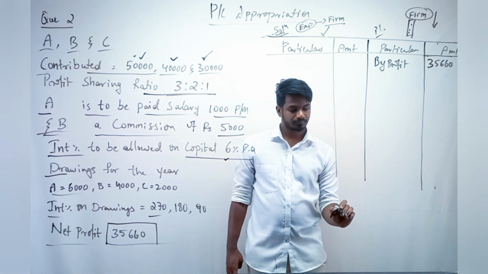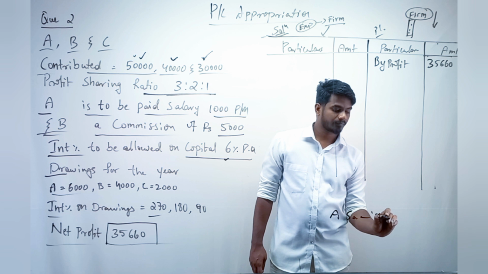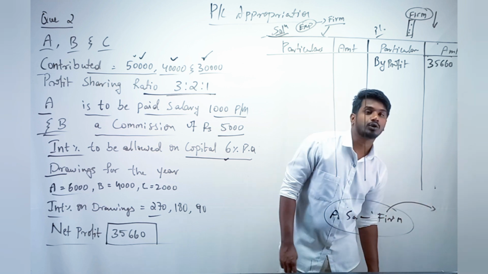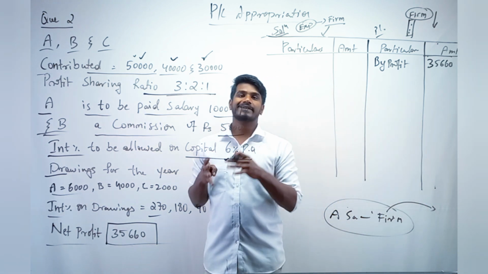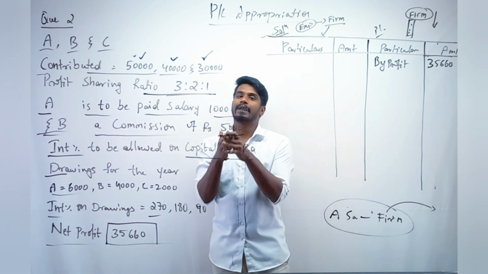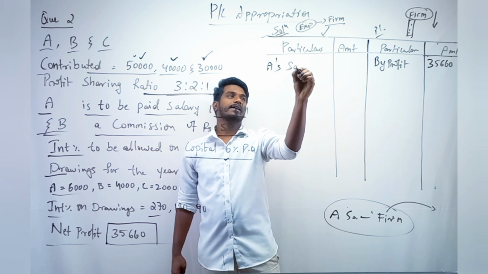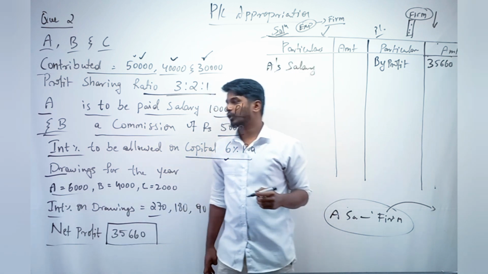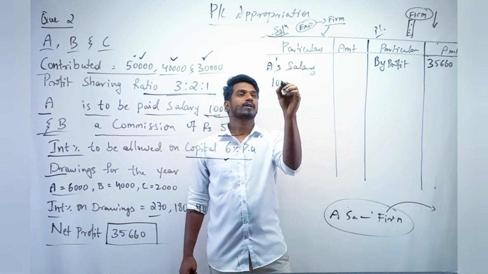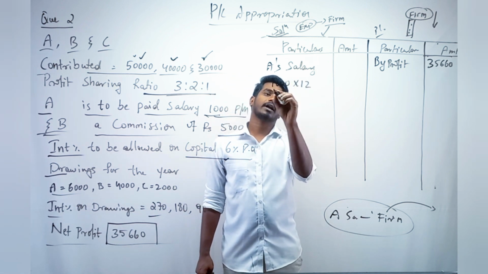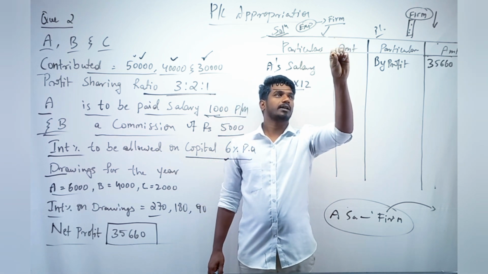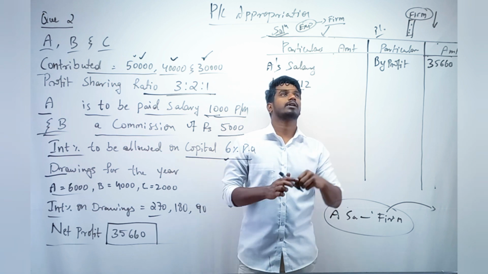For the firm, this is an expense, because it is paying its partner and cash is going out of the firm, so we debit it. A's salary is 1,000 into 12 for the entire year, which is 12,000.